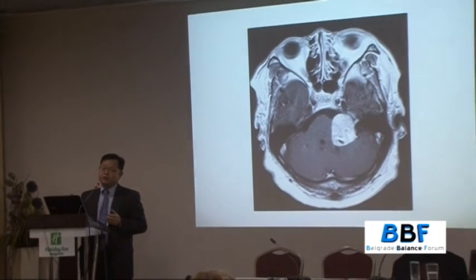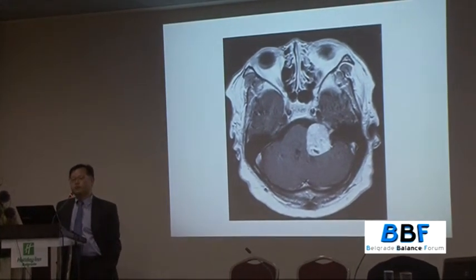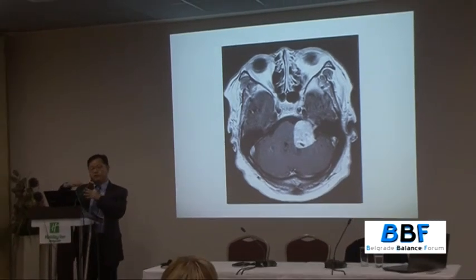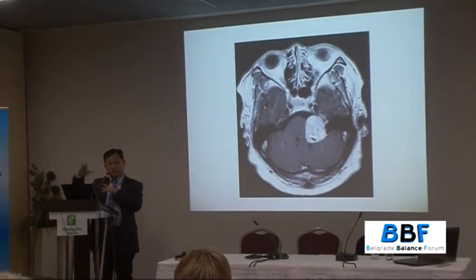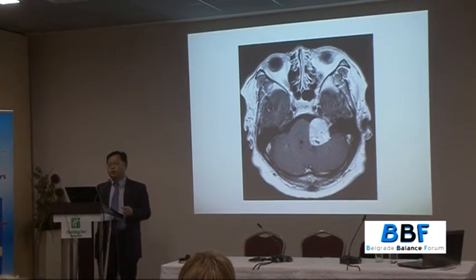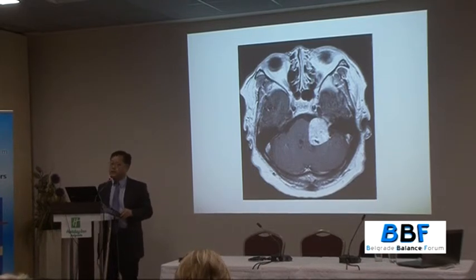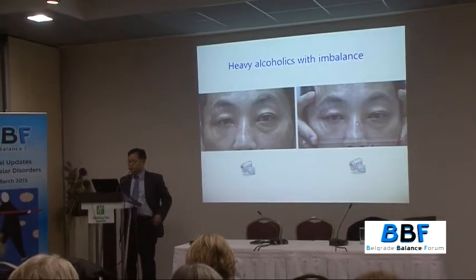And after this patient, we recruited about 20 more, and we correlated findings of head impulse with tumor size. And we got a good correlation of decreased head impulse gain to the lesional side and tumor size.